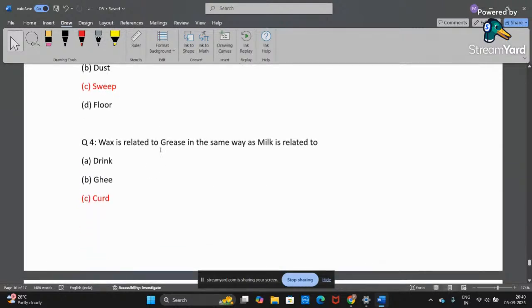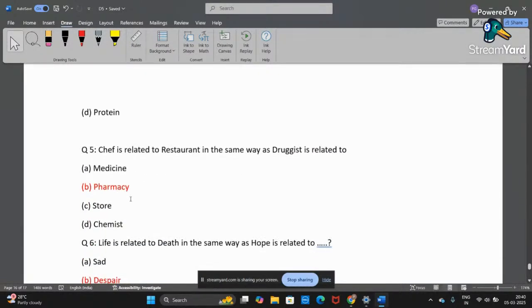Then in this question, we get grease from what? We get grease from wax. Same way we get curd from milk, right? We don't get ghee directly from milk. We get ghee from butter, right? But here the answer is curd. And here chef is related to restaurant. Same way druggist is related to pharmacy.